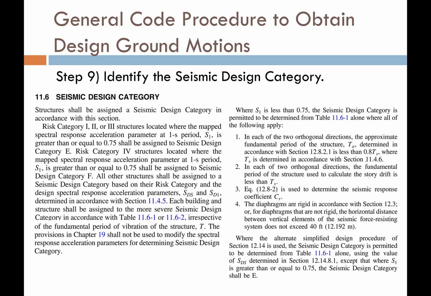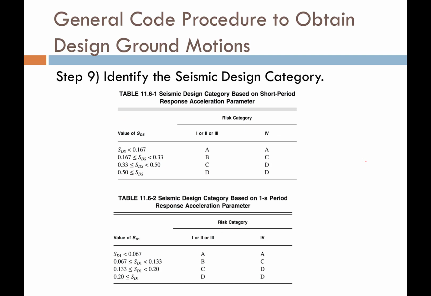Basically, I like to think of it simply as this. You have these two tables, 11.6-1 and 11.6-2. You have your design ground motions, your short period here, and your long period ground motions down here in this table. You know your risk category. It's either 1, 2, 3, or 4.